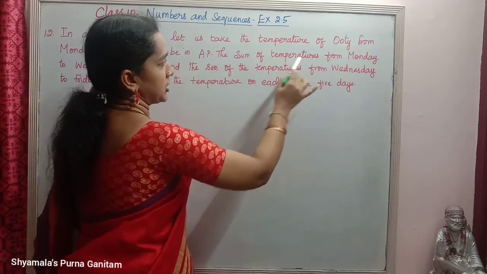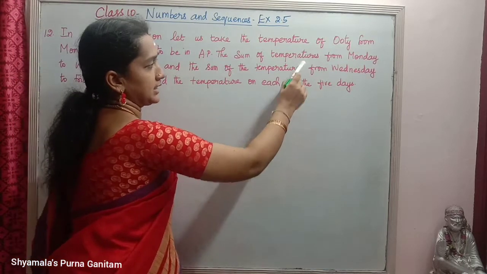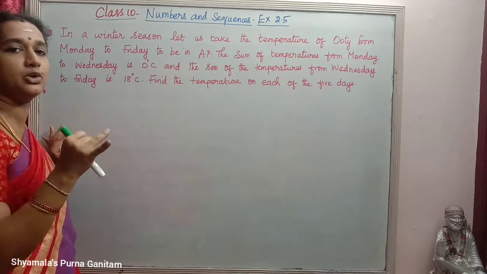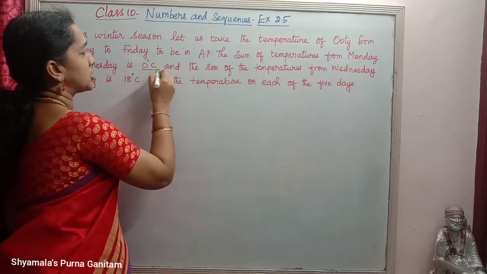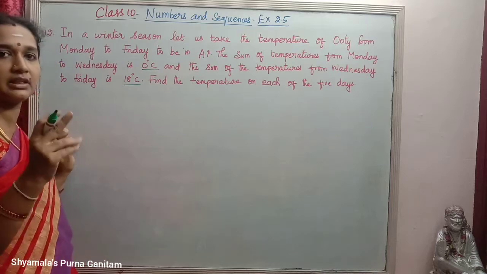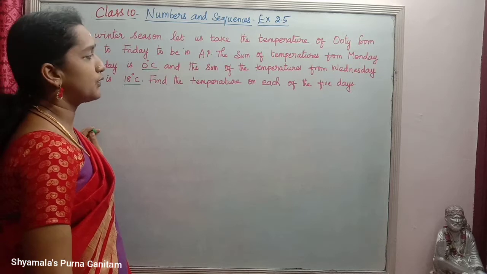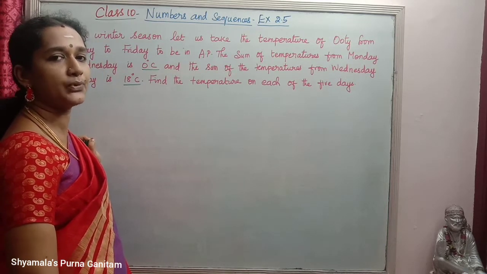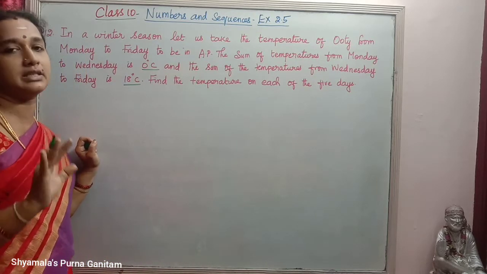The sum of temperatures from Monday to Wednesday, that is 3 days, is 0 degrees C, and the sum of temperatures from Wednesday to Friday, that is Wednesday, Thursday and Friday, is 18 degrees C. Find the temperature on each of the 5 days. So we are asked to find the temperature of Monday, Tuesday, Wednesday, Thursday and Friday separately.